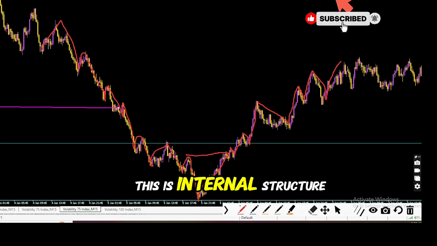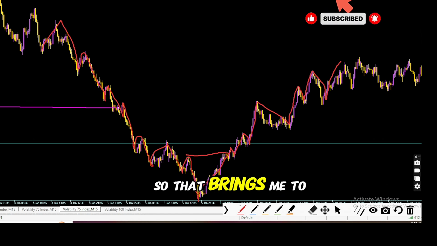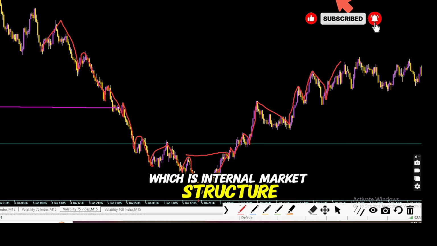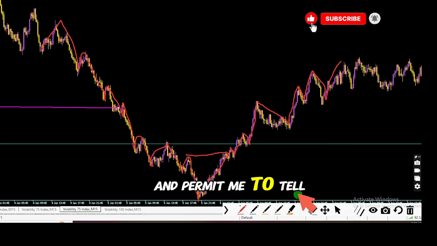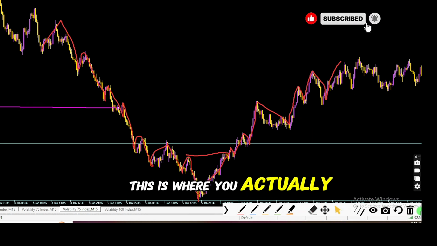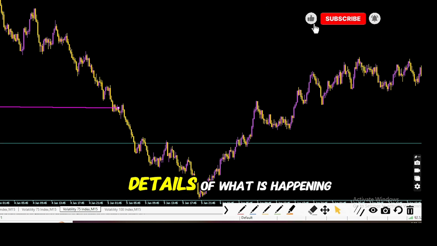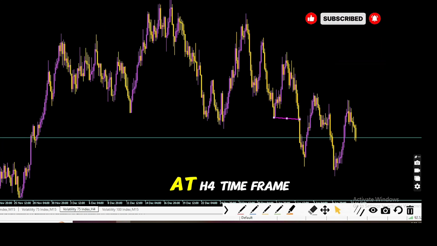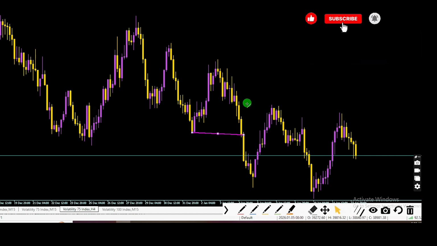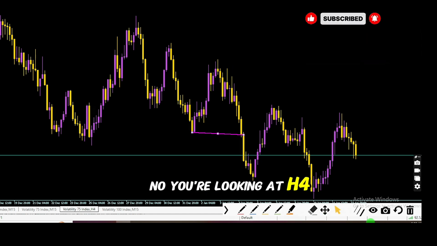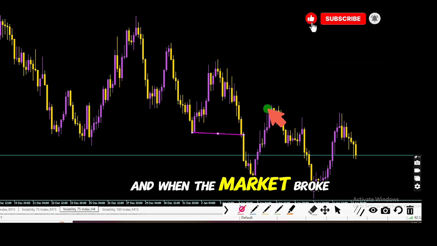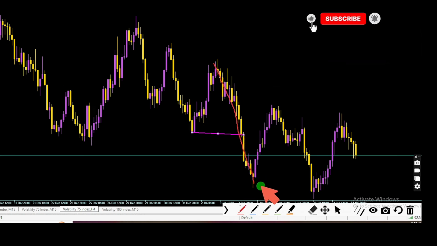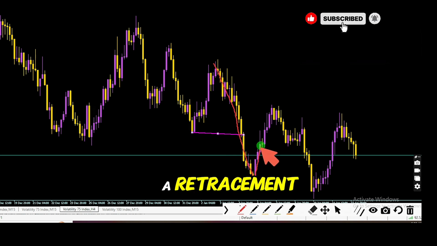This is internal structure. So that brings me to the second part, which is internal market structure. And permit me to tell you that this is where you actually see details of what is happening. Because let's say you're looking at H4 time frame, and when markets broke this strong impulsive move, then you were waiting for a retracement.